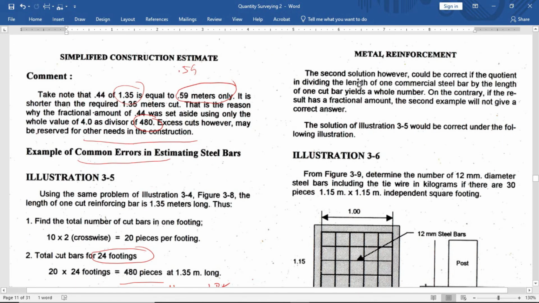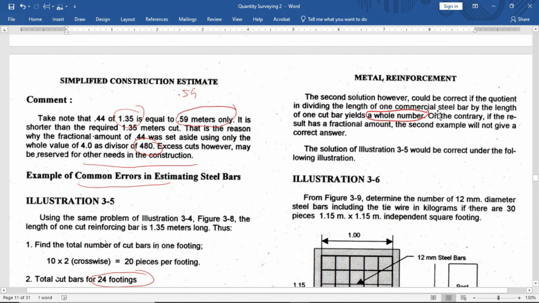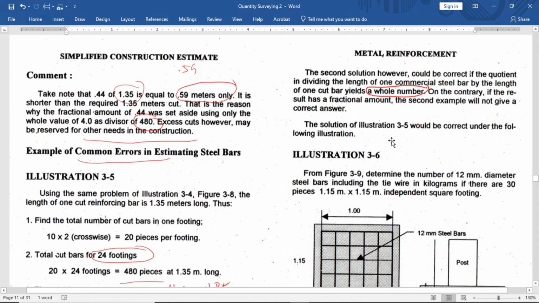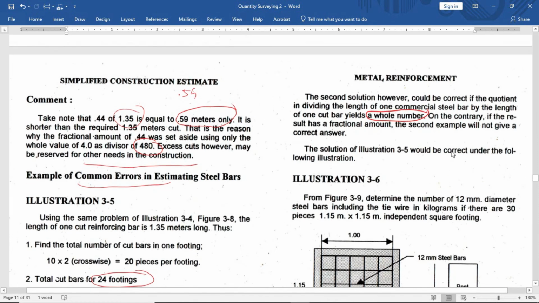So, the second solution, however, could be correct if the quotient in dividing the length of one commercial steel bar by the length of one cut yields a whole number. Ito yan sa taas. If, yan, whole number.